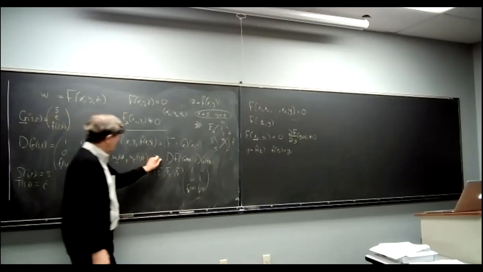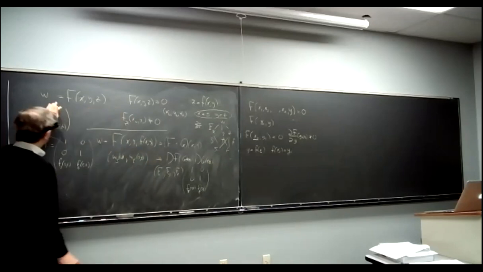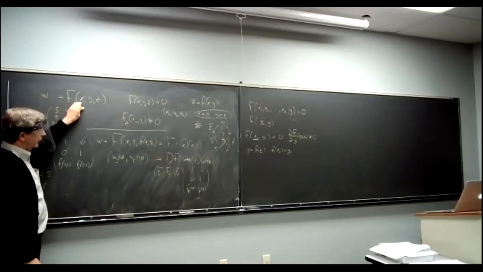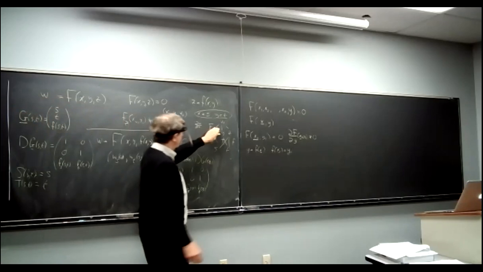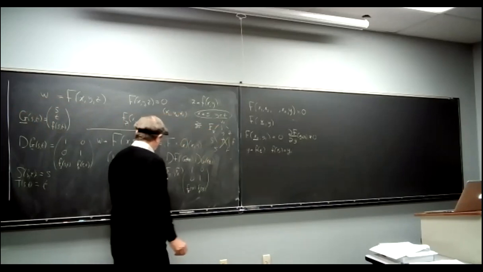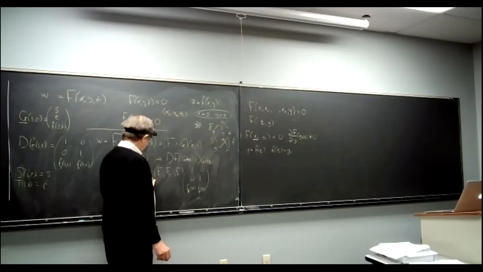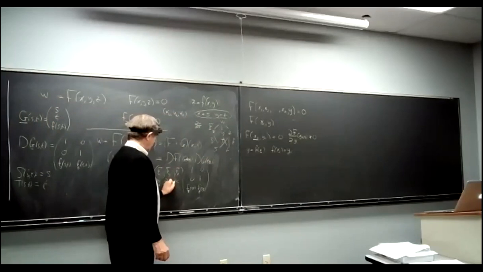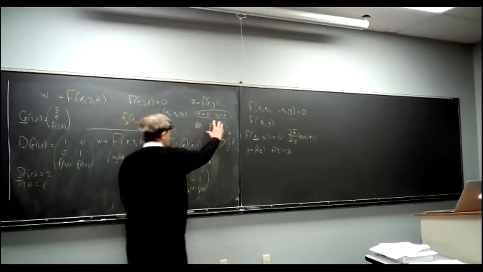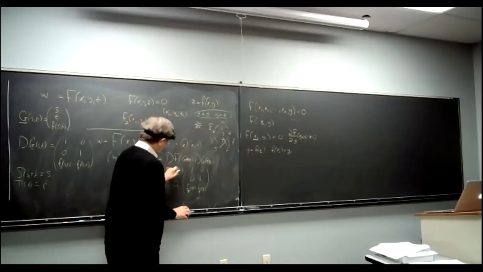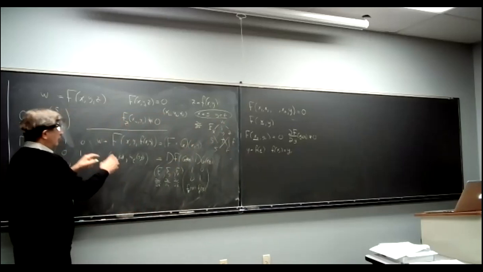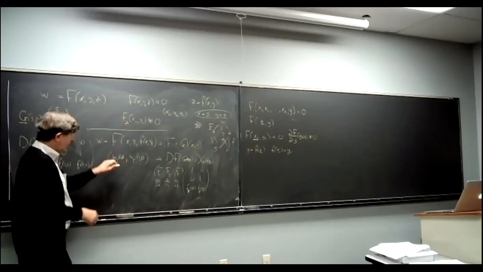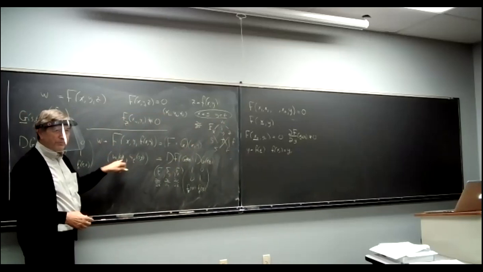Anyway, w originally was a function of 3 variables. That's still right here. So here, this should be dw dx, if you like, dw dy, and dw dz, because that's the original function of 3 variables. Okay, but we made it into a function of 2 variables. That's why we only have 2 partial derivatives here.